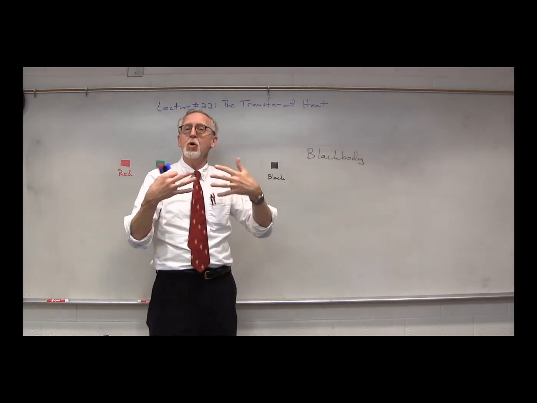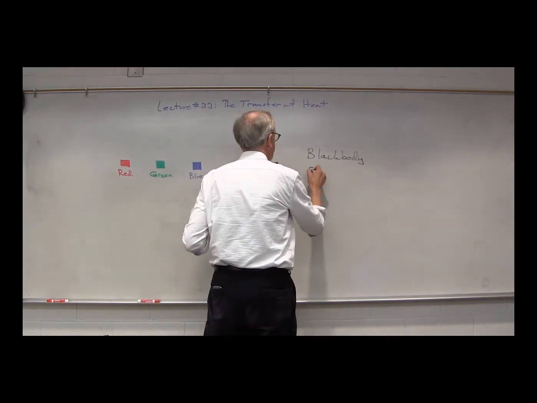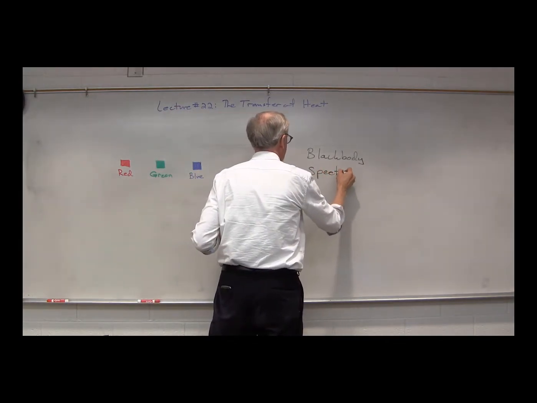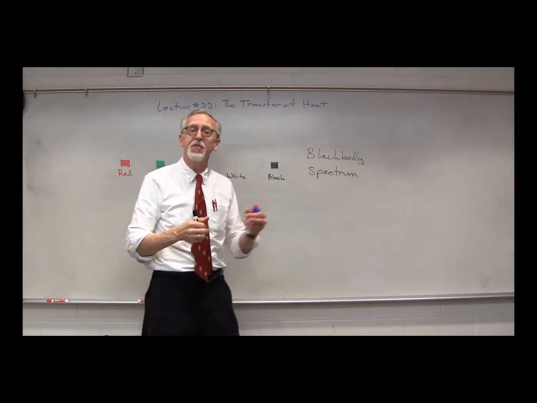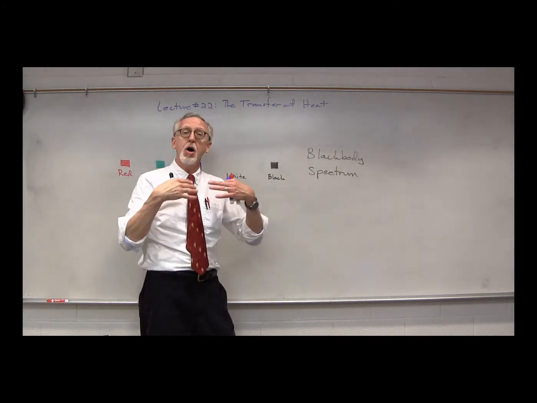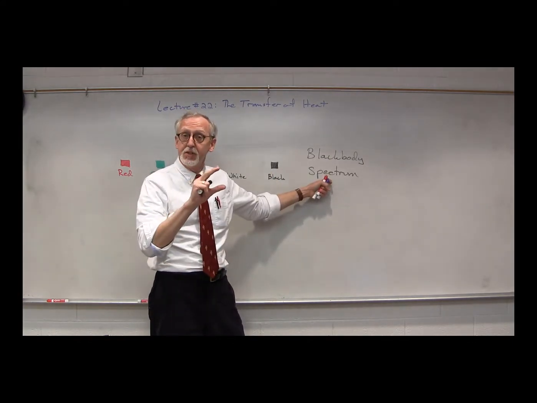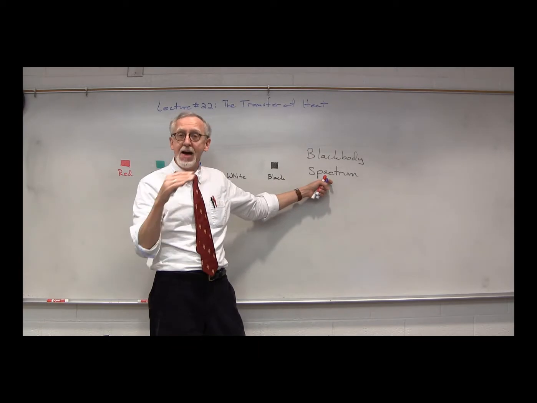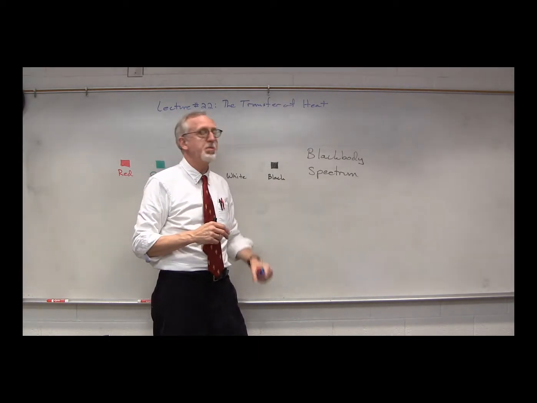It will emit what's called a blackbody spectrum. So a perfect black body, which is a perfect absorber, will also emit light, and the form of that light, the amount of light, the energies at different wavelengths, is called the blackbody spectrum.